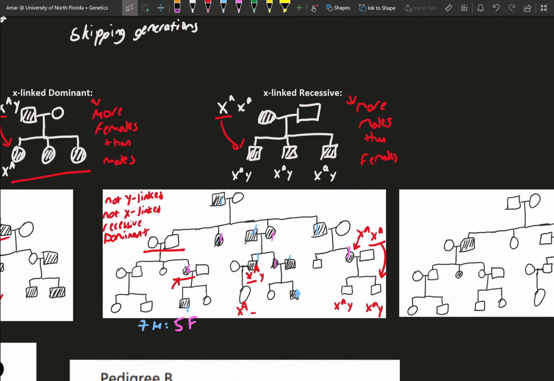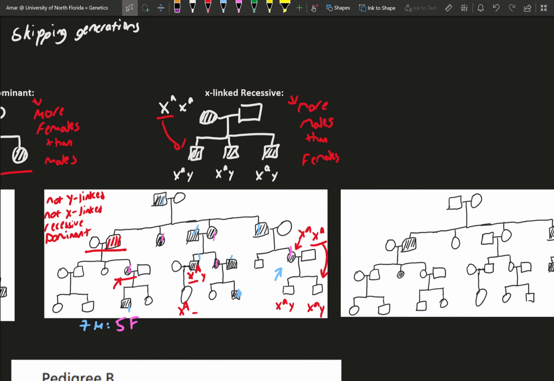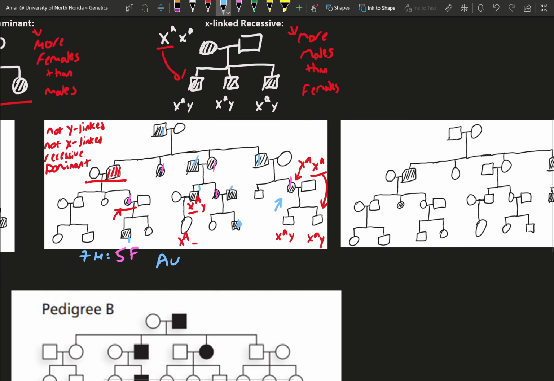But for this particular problem, it doesn't really make sense for it to be that. The reason is that every single affected individual here has an affected father or mother too. You would just have to look for that particular clue. So yes, this is an autosomal dominant trait.